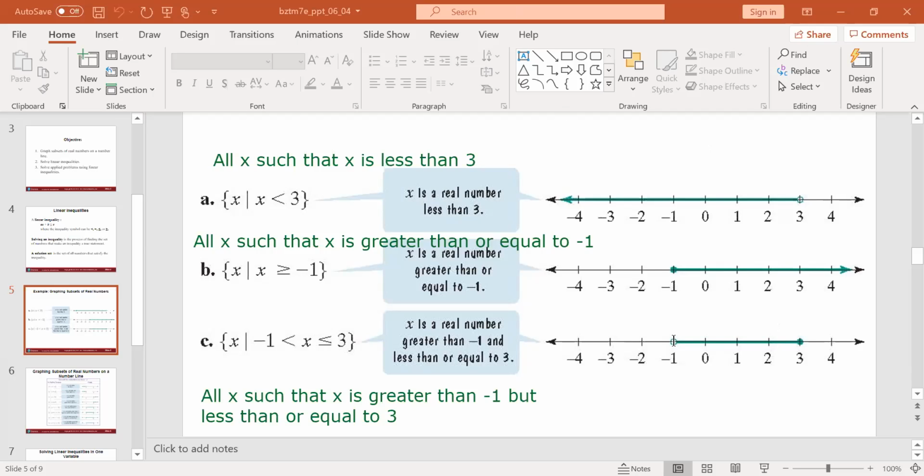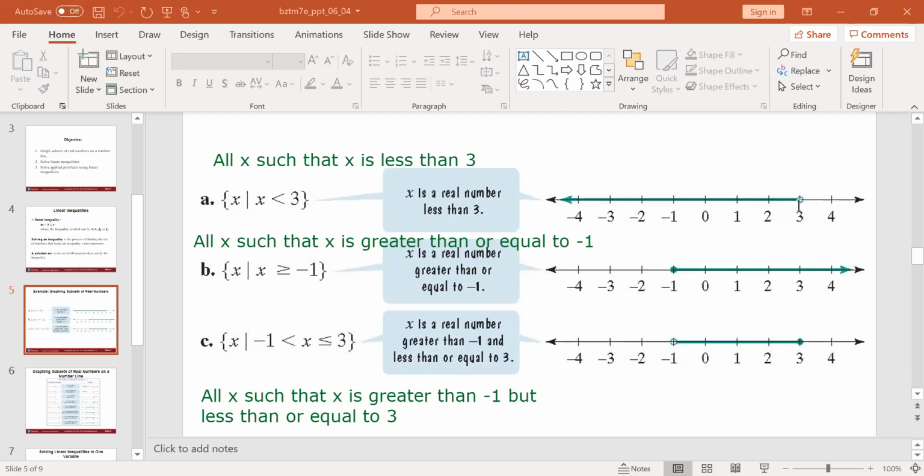In fact, there's an infinite amount of numbers between negative 1 and 3. Just to demonstrate, you could do 1.2, 1.22, 1.222. You could go out to as many decimal places as you want, and there's no limit to the number of decimals you could go out to.